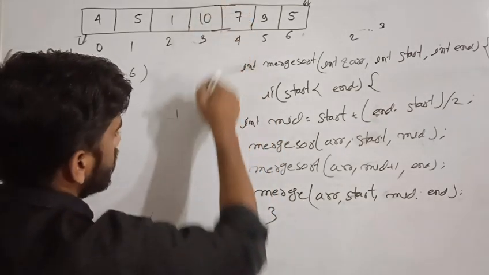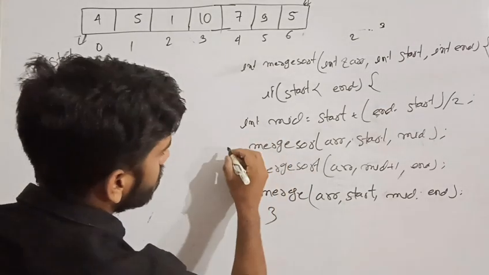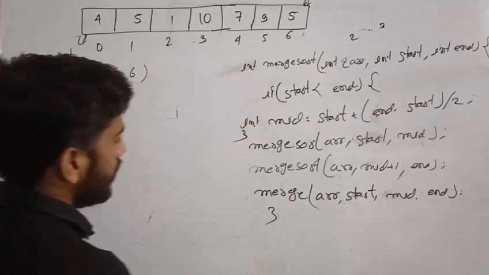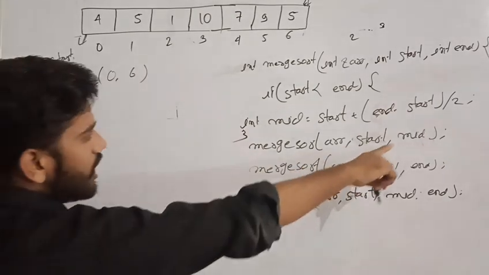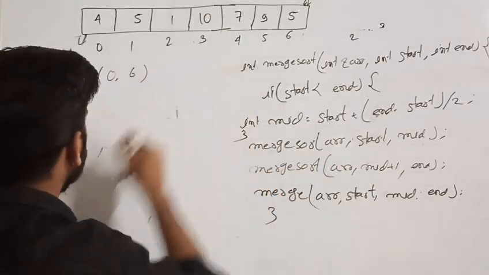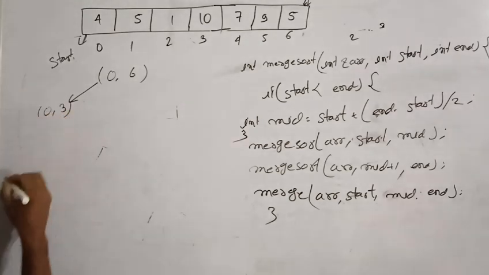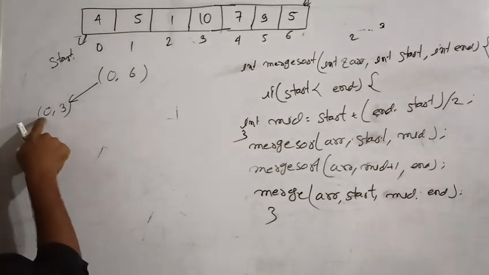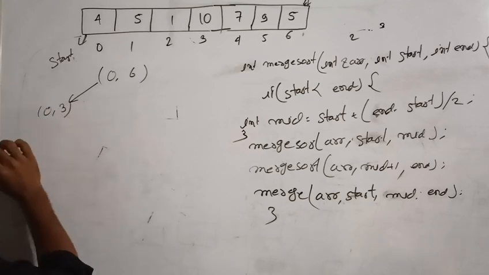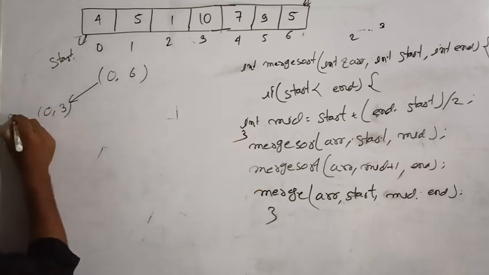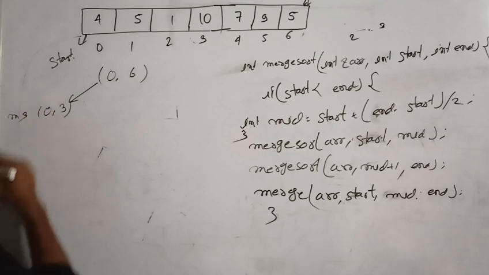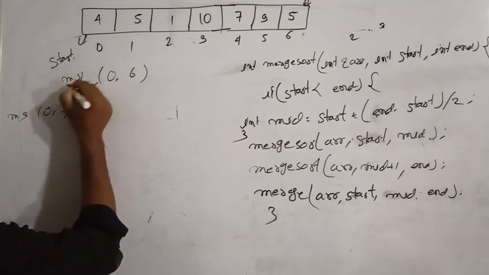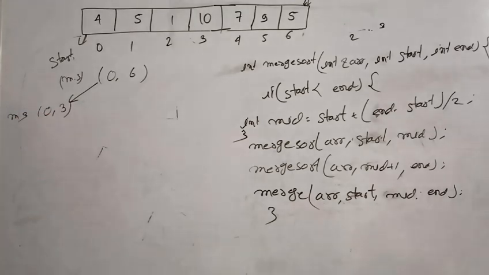Again it will be checked. Okay, here are the curly braces. Okay, now merge sort array start to mid, again it will call itself. Now it will be called again, means the condition will again be checked. Our start is here. I will give the function name merge sort.